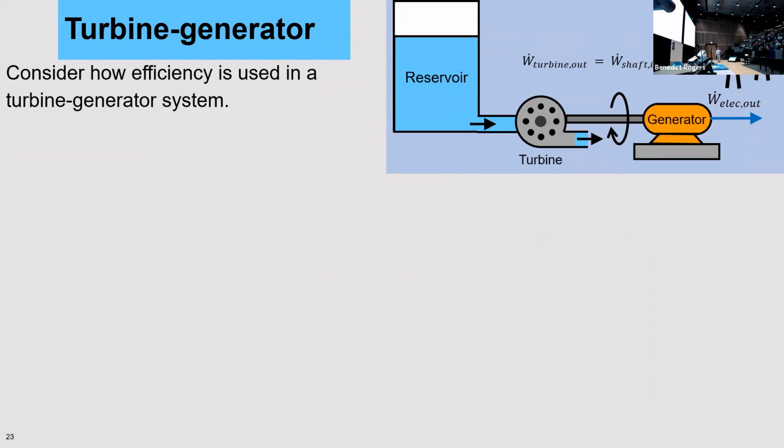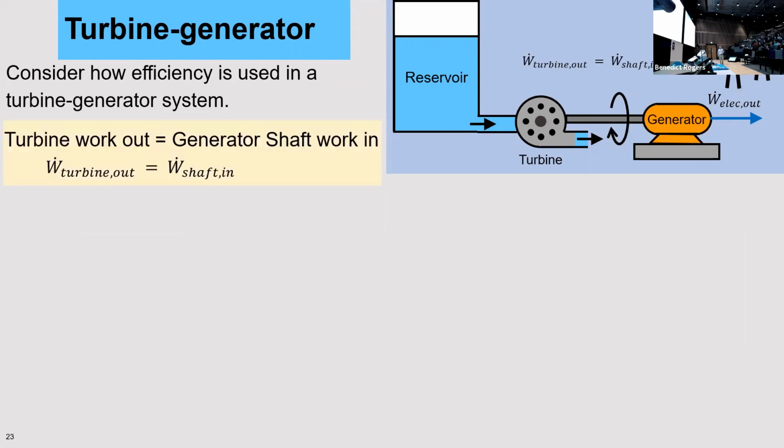And then we're going to look at a turbine generator in very much the same way. This is where mechanical energy of the fluid gets turned into electricity. So the work out of my turbine here goes directly into my generator just here, which then goes into the electrical power grid.